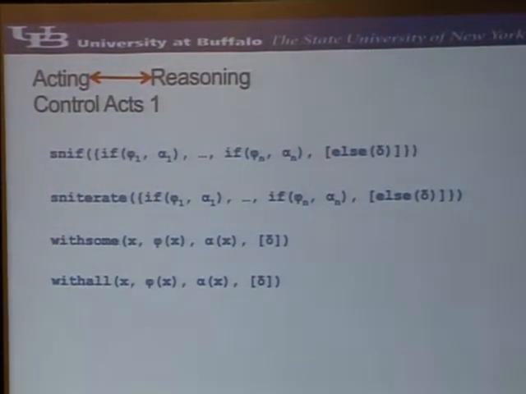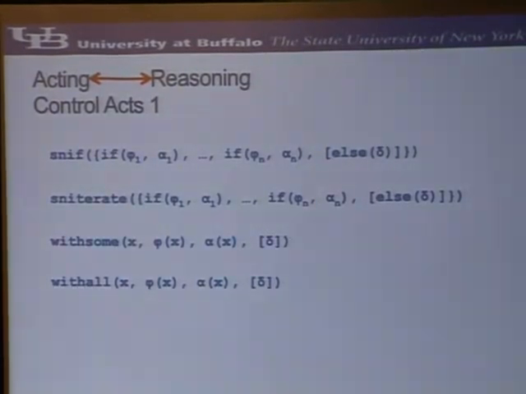The challenge is to formulate that rule in first order logic. You can't do it except by having two different quarters, right? If there's something in your pocket that's a quarter, take something in your pocket that's a quarter and put it in the meter. Doesn't make sense. And then with all x that satisfies phi, perform alpha. And if none, do delta.